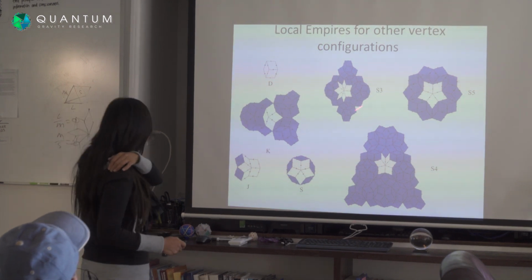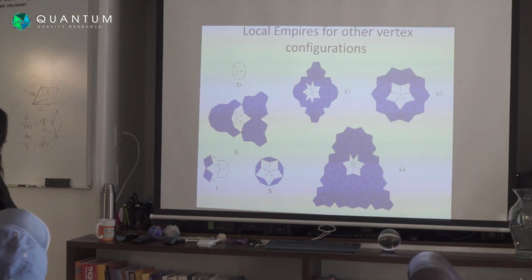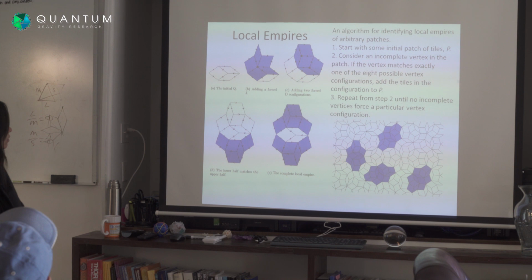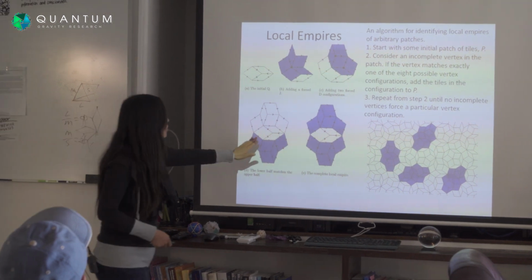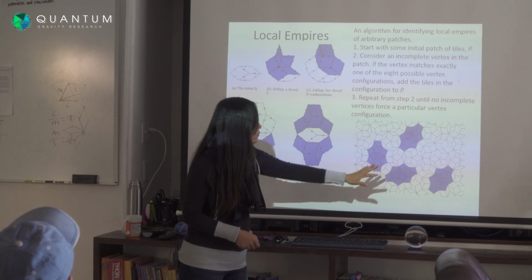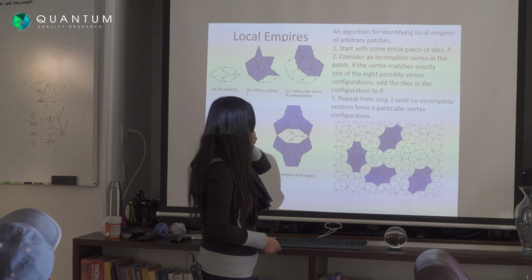Excuse me, so are the white spaces in the previous slide there because there are D configurations in the rightmost picture here? This one? Right. I see there are white spaces in between empires, right?